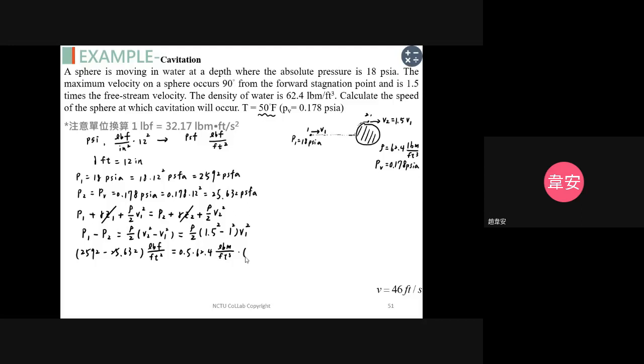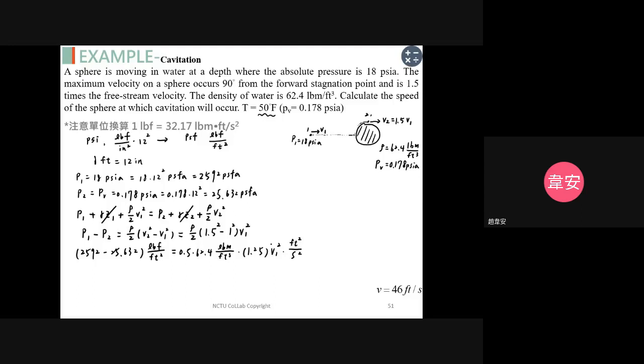So 1.5 multiplied by 1.5 minus 1 is equal to 1.25, and outside is V1 squared. The unit is ft squared divided by second squared.